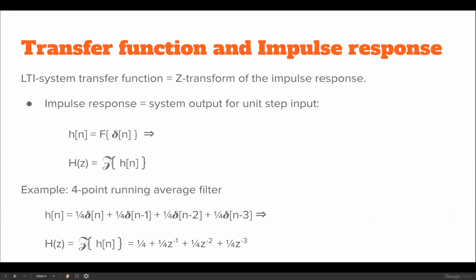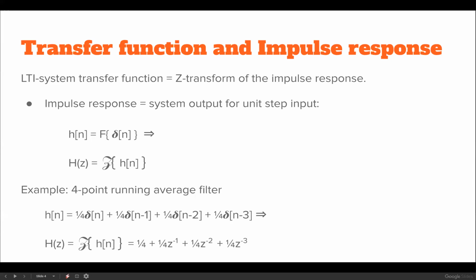Okay, then transfer function and impulse response. So the transfer function is simply the Z transform of the impulse response. The same way as in the analog domain, you calculate the step function, and then you can calculate the step response using the Laplace transform of the input, or Laplace transform of the step, and the Laplace transform of the system transfer function.